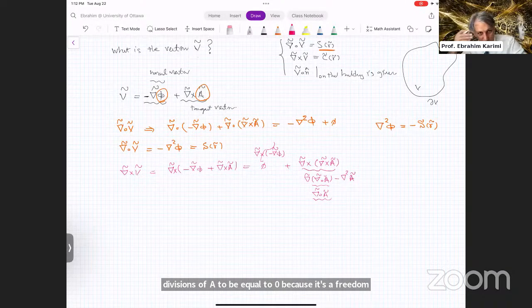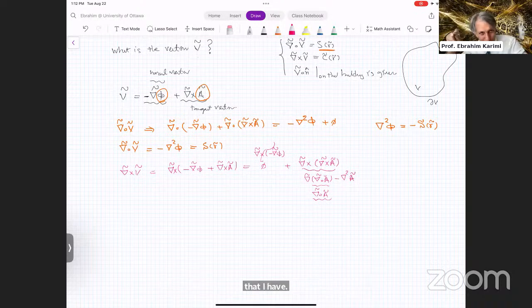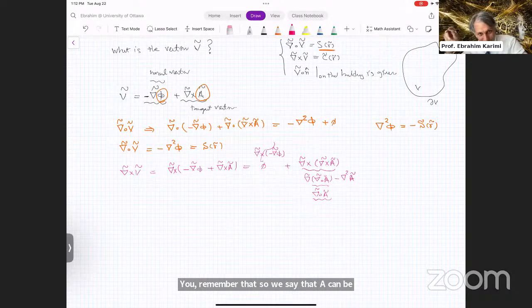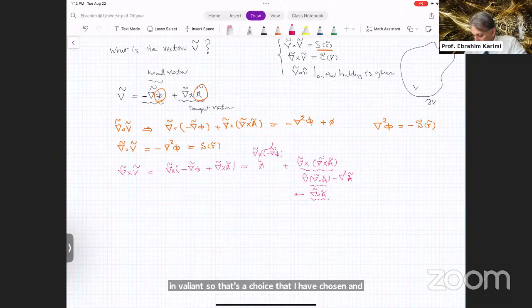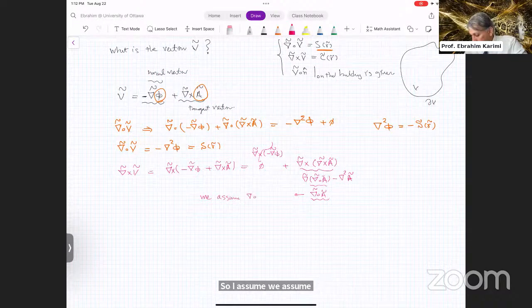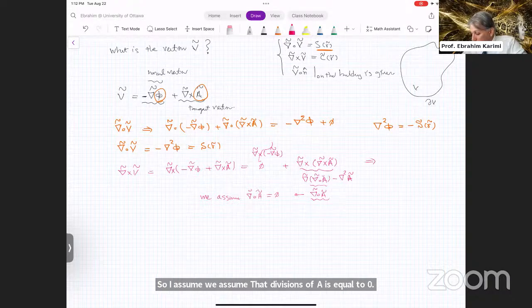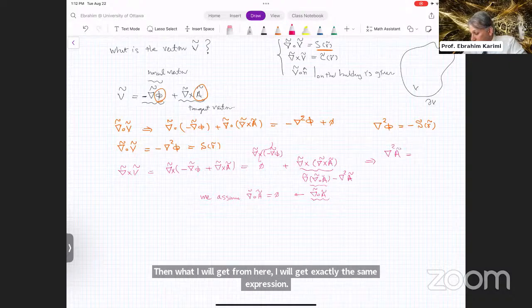You remember that A can be changed in such a way that A plus gradient of lambda will be invariant. So that's a choice that I have chosen, and it's going to be the gauge problem. So we assume that divergence of A is equal to 0. Then I will get exactly the same expression: Laplacian of A is equal to minus C of R.